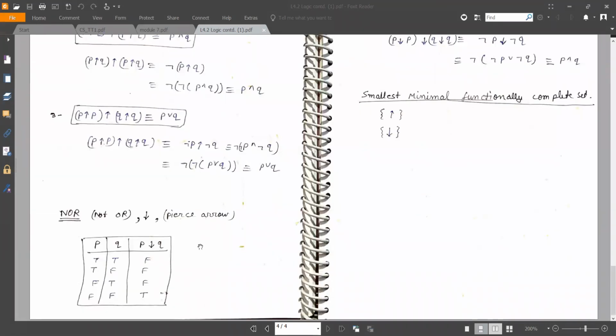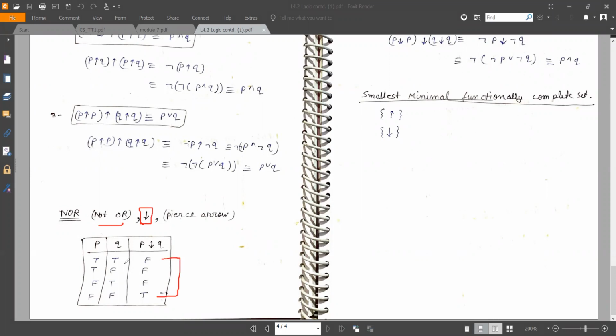And now, NOR. What is NOR? There was exclusive OR, and there is also an operator called NOR, which is simply an arrow downwards. The NAND operator was a conjunction followed by a negation. This is a disjunction followed by a negation.